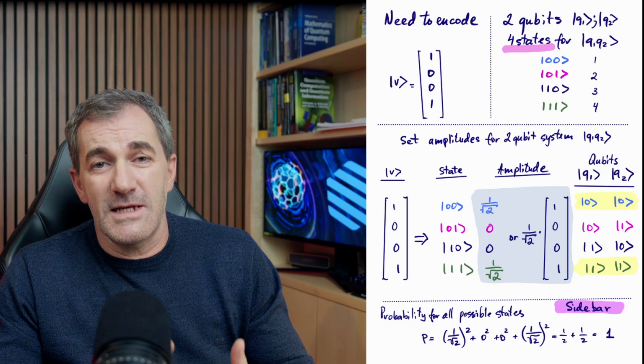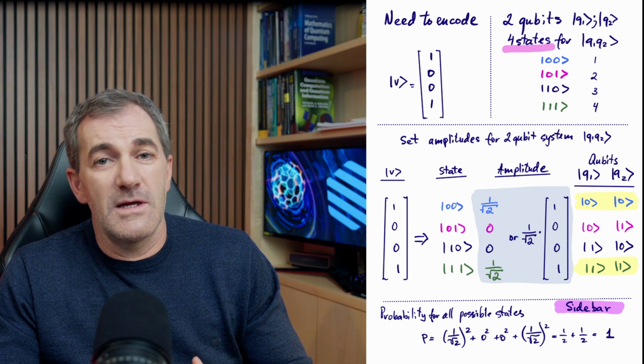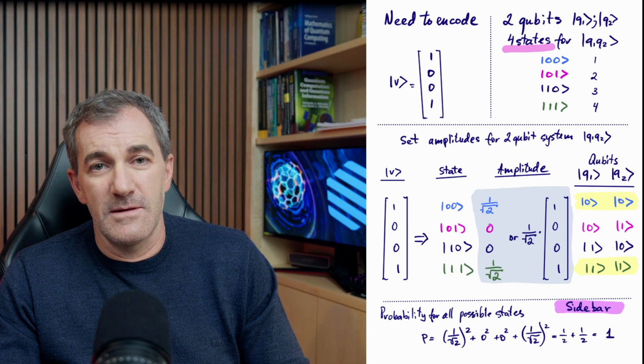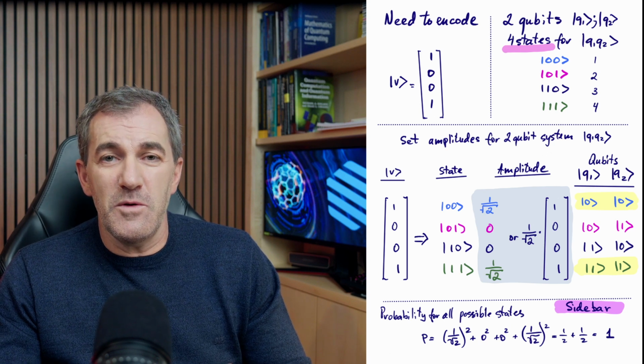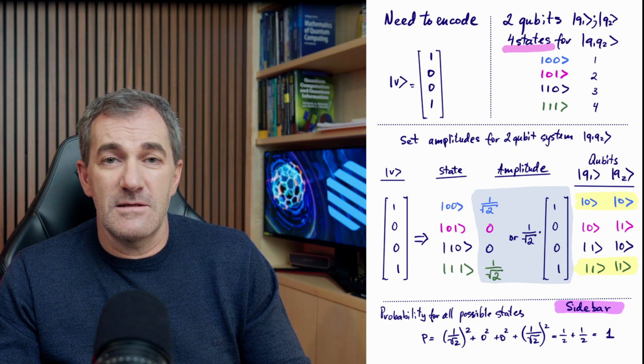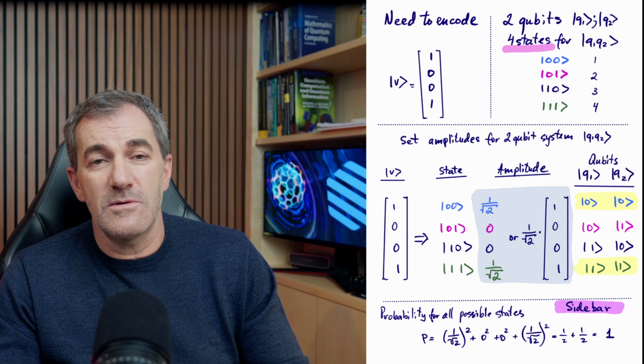Let's take the following example. Suppose we need to encode on a quantum computer vector 1001. As we already know, we will need 2 qubits to do so. 2 qubits have 4 different states: 00, 01, 10, and 11.